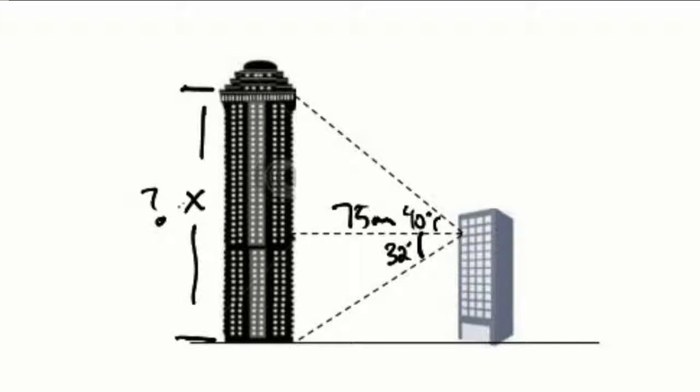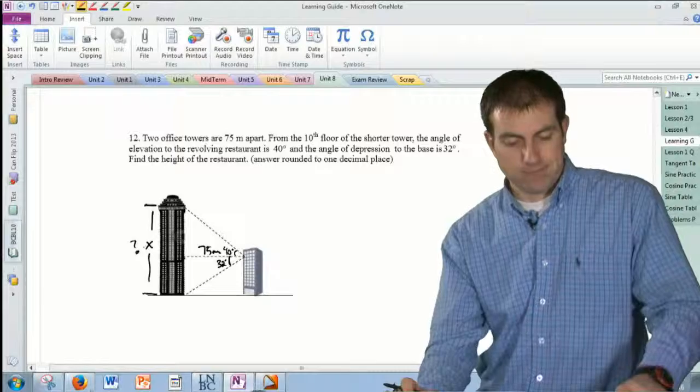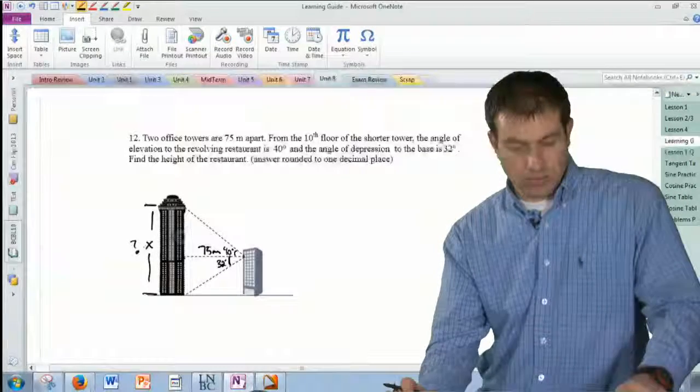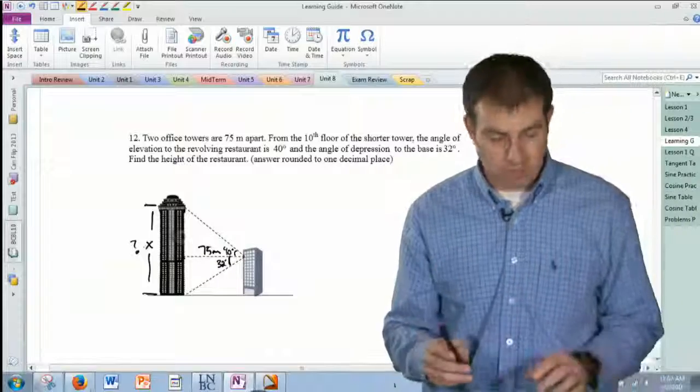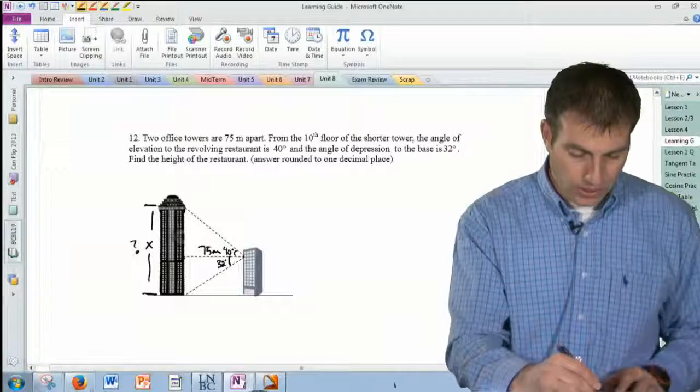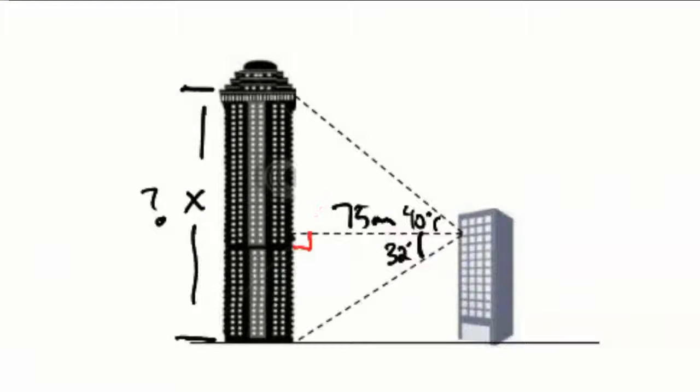Is there a way we can directly measure it? Unfortunately, I don't think there is. Could we do it though in perhaps 2 steps? We have a right angle there, we have another right angle here.